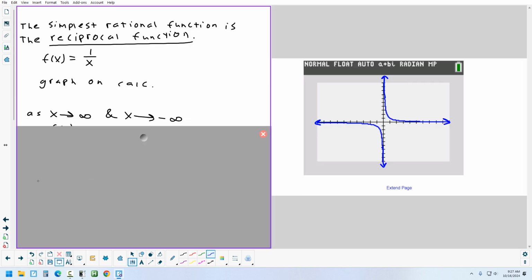And I want to know what happens to the y value as x approaches infinity and x approaches negative infinity. So I want to know the behavior of the y value as you head to the right and to the left. What's the y value getting close to?